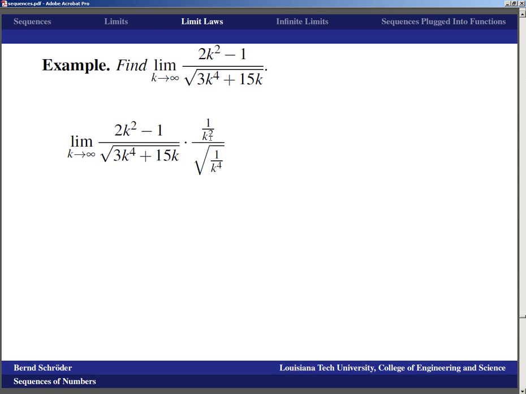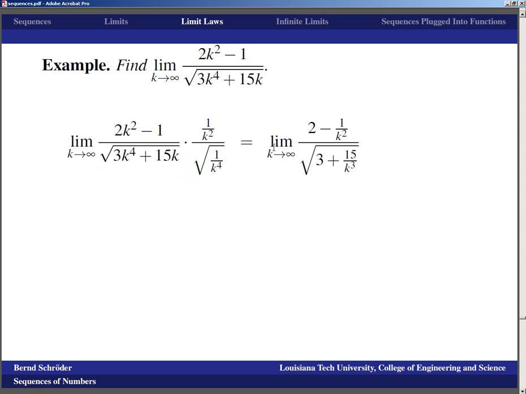So you want to expand with 1 over k squared, but in the denominator, because you need to put stuff under the square root, you want to expand with square root 1 over k to the fourth, and you can now see certainly that this is 1, which means, again, we have not changed the problem.